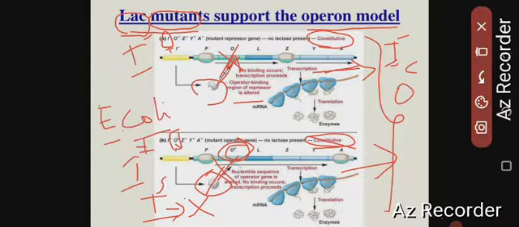If there is a mutation in the operator gene, constitutive expression will occur, and if there is a mutation in the I gene, constitutive expression will also occur. And if there is Is, the super suppressor, in this mutant it constitutively represses the lac operon, whether lactose is present or not. It doesn't depend on that. So these are the things which you have to remember.